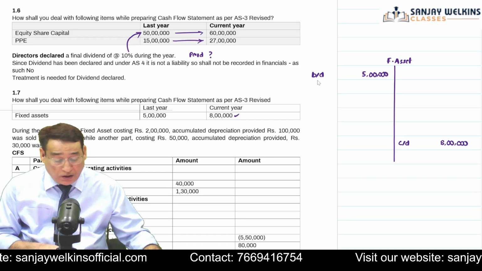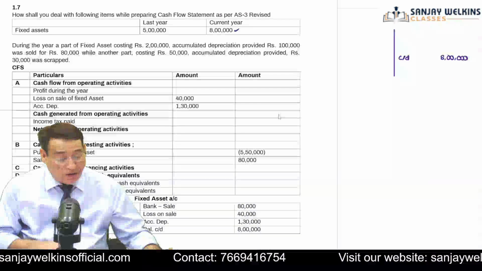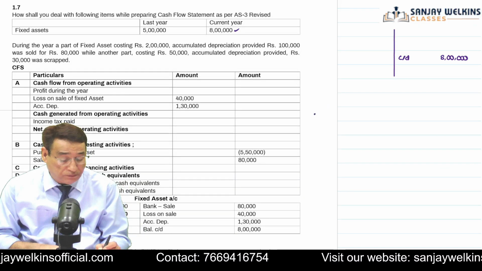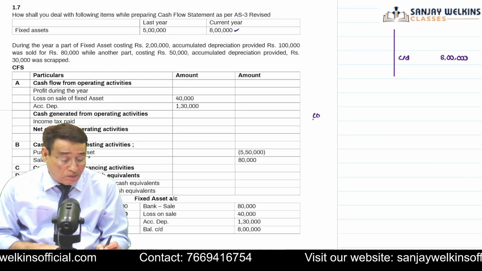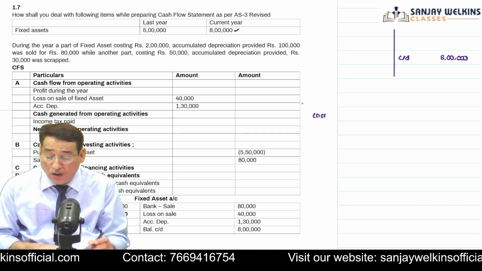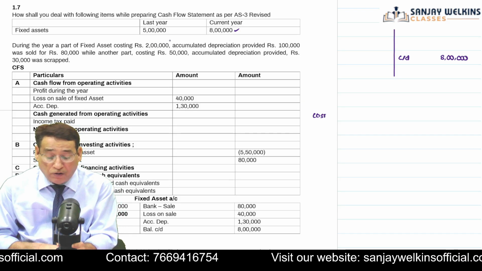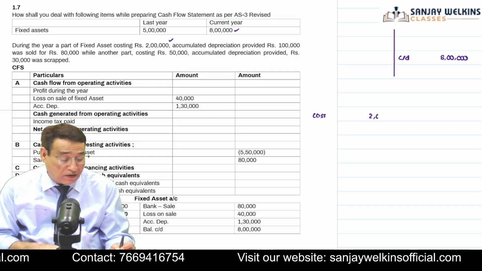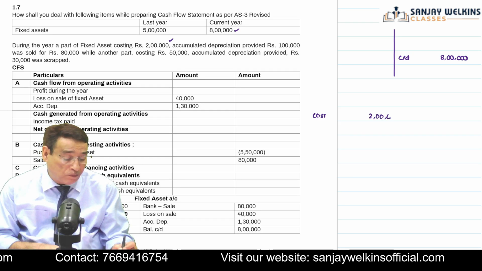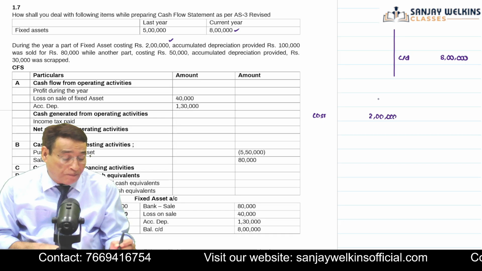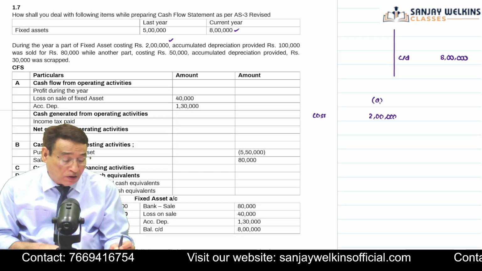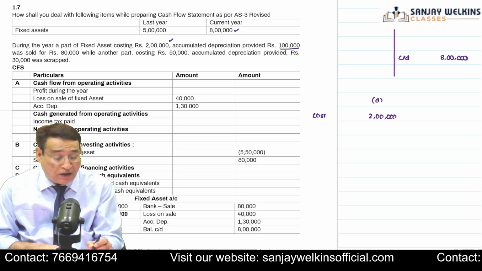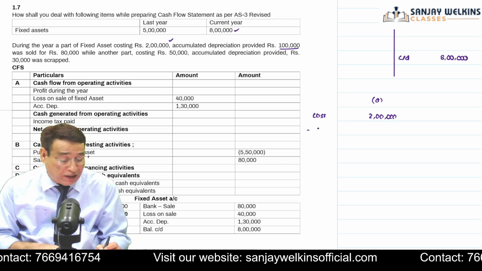Now in this particular question, see here, it is written: during the year a part of fixed asset costing 2 lakhs. So the cost price of the fixed asset is 2 lakh, with accumulated depreciation provided of 1 lakh.